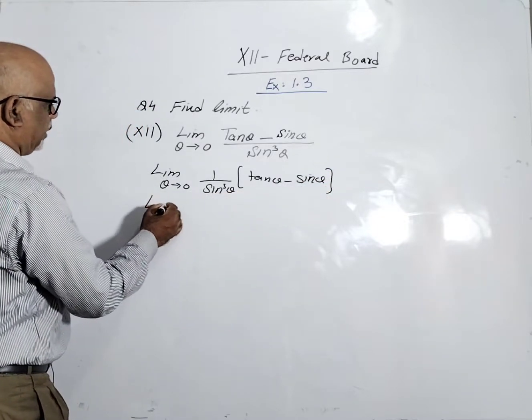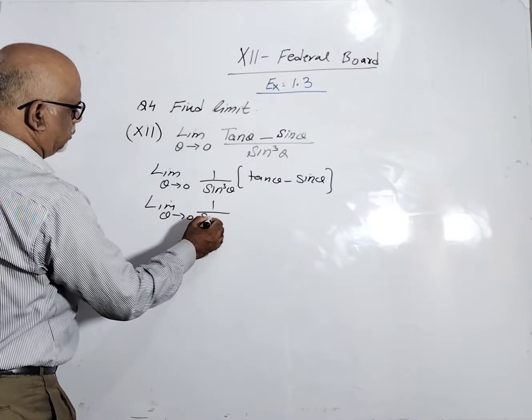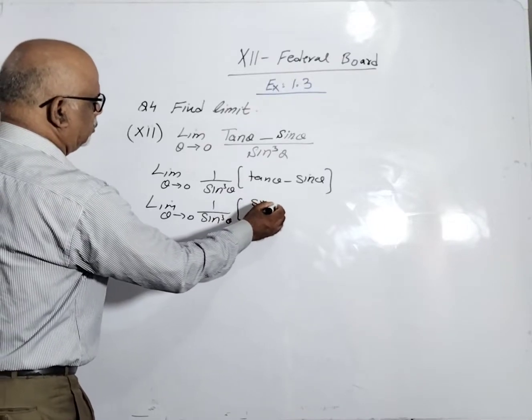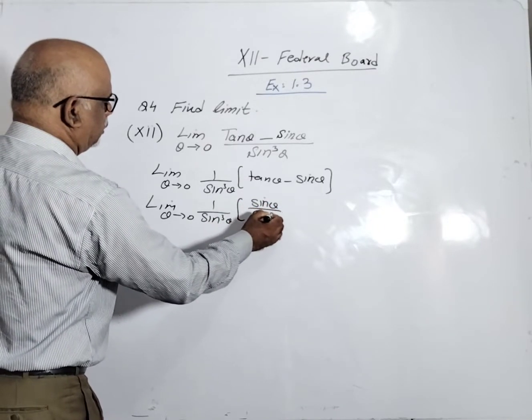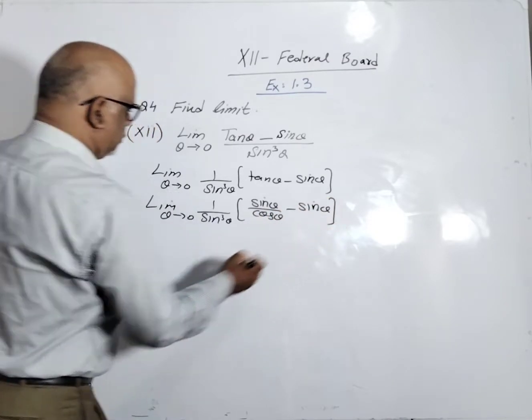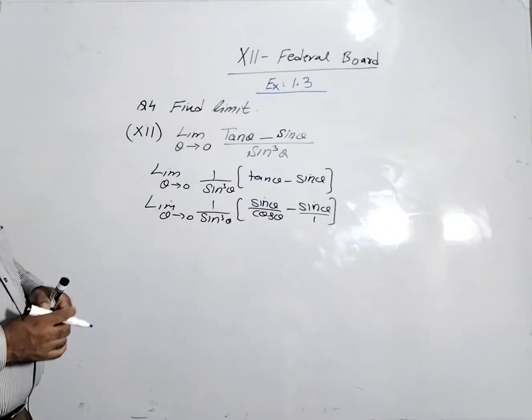Now we have to break tangent theta, that is sin theta over cos theta, minus sin theta. Just take out the LCM here. There is no denominator, means we have a 1 here.